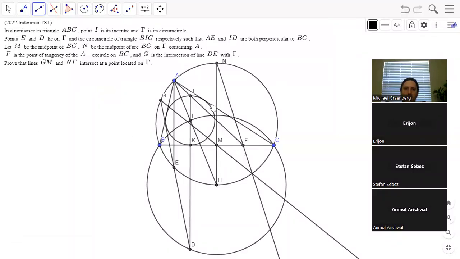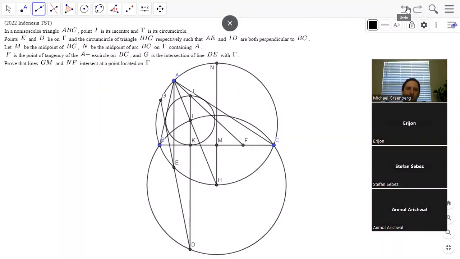That's the same as trying to calculate the angle between them and showing it's like angle GHN. So that's another, but that might be just as hard. So G looks like to be the Sharkydevil point.